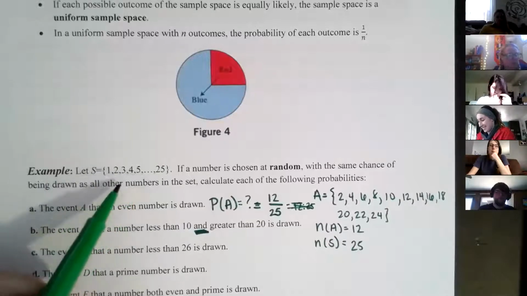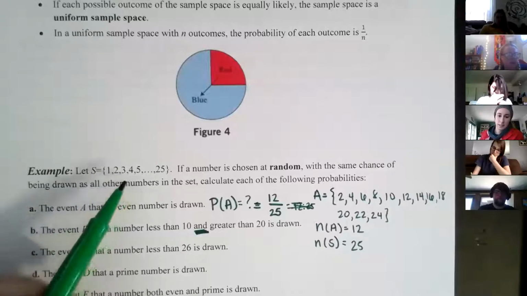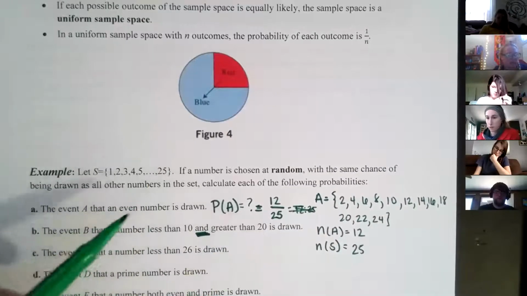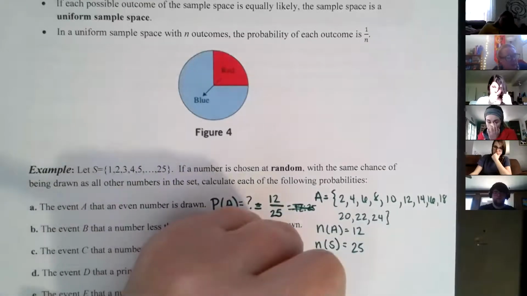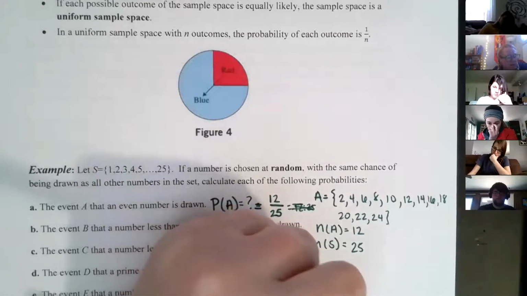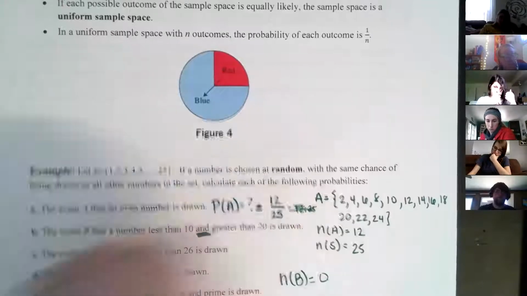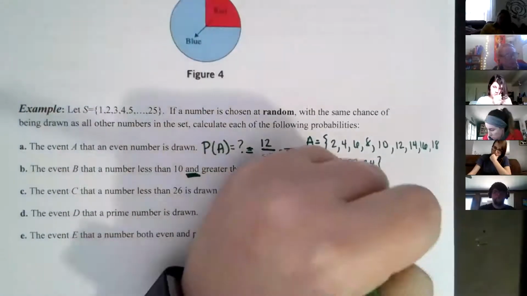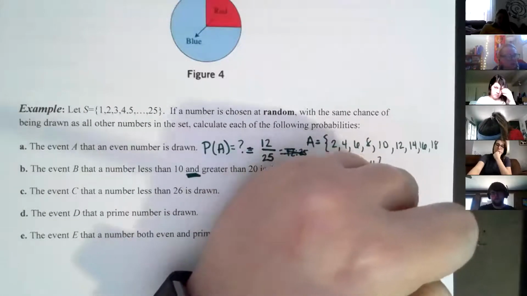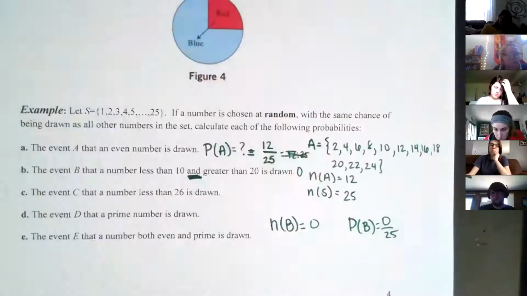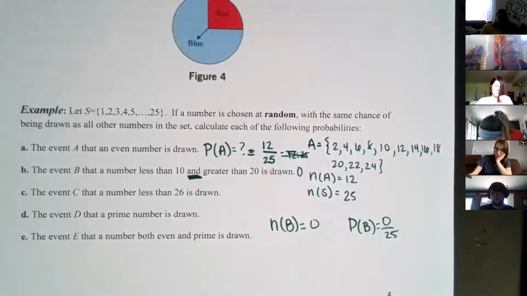The only numbers less than 10 would be 1 through 9, but they don't satisfy that. And the numbers greater than 20 are not less than 10. So the number of ways B happens is 0 ways. So the probability of B is 0 out of 25, or 0, right?